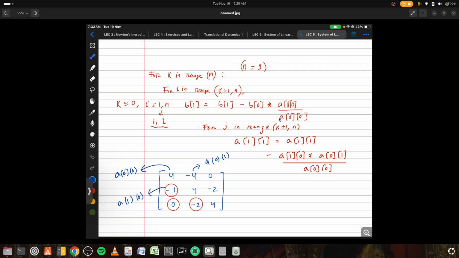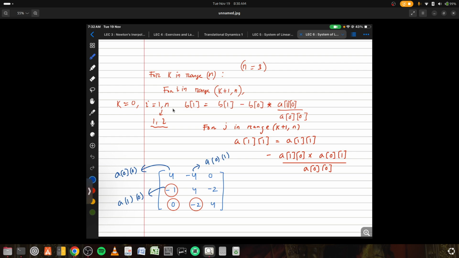Then what is a10? a10 is the coefficient of x1 in equation 15, right? So that is how you get the modified b1, this b1 dash, and that was 5, right? Are you getting my point?